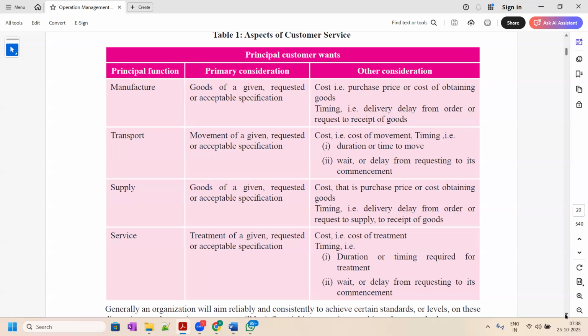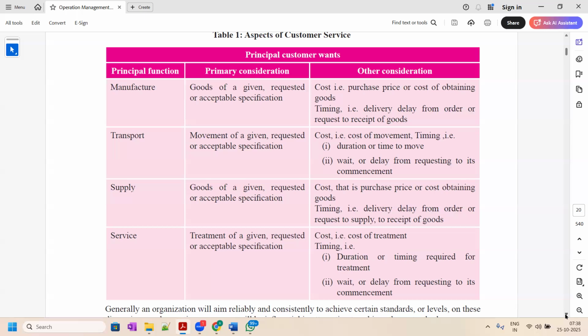So the other costs involved when you are engaging in the activity of converting the raw material into finished goods. The direct cost comes under manufacturing, and the indirect cost, which involves considering the timing, considering the quality of the product, or meeting your specification, comes under supply.